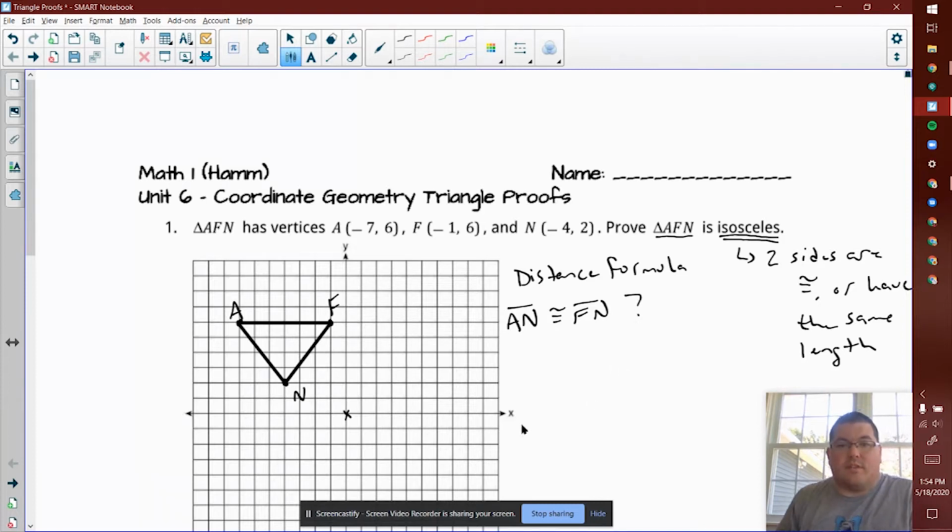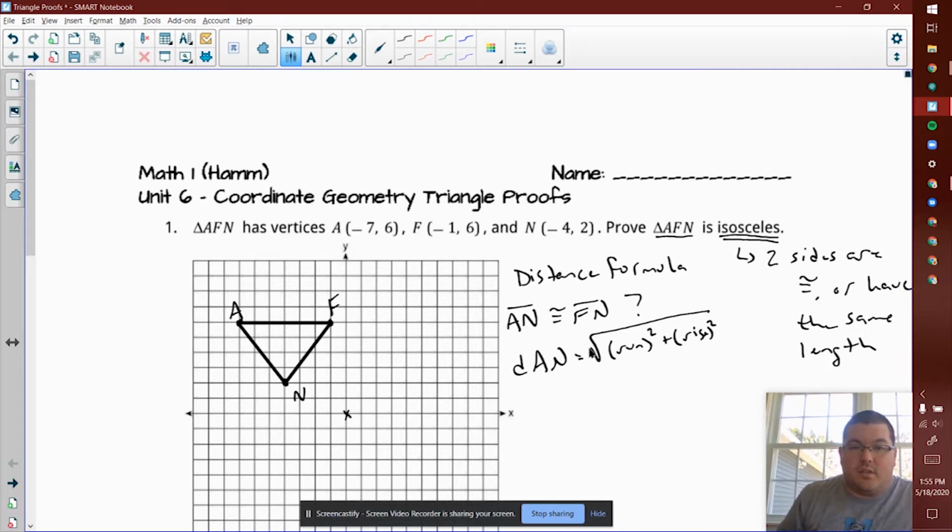Those are the ones that certainly appear like they could be the congruent pair. So let's see if we can figure out what the distance of AN is. Well, we know that the distance formula says take the run, square it, take the rise, square it, and then take the square root of the whole thing, right?